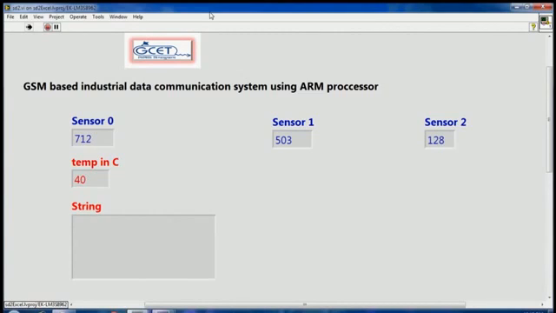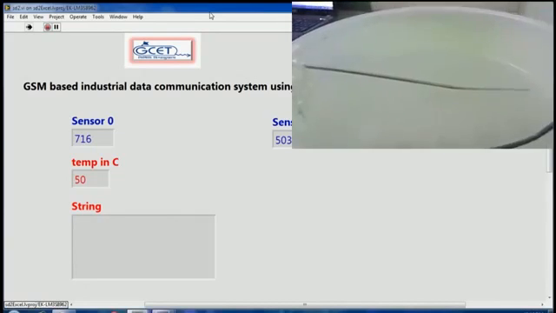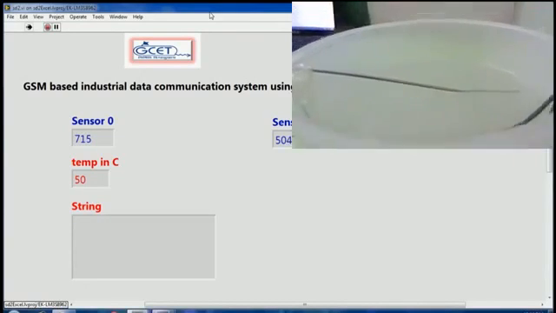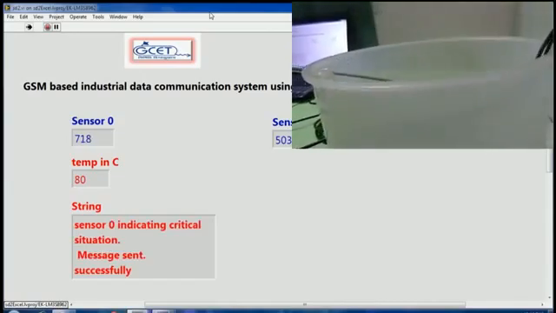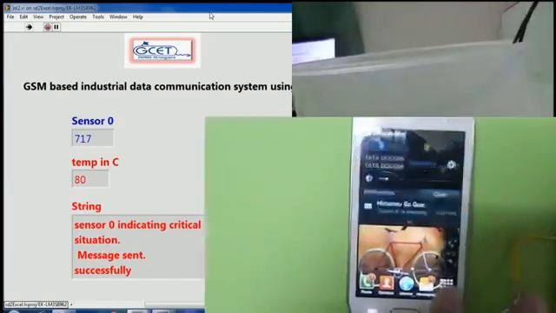Here in the GUI, a message is displayed when the temperature goes beyond the threshold value. Simultaneously, the system can turn off the heater.